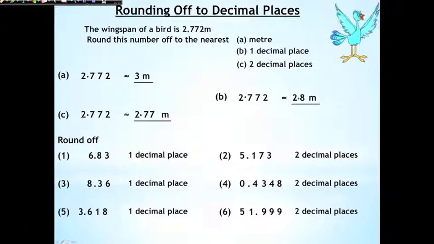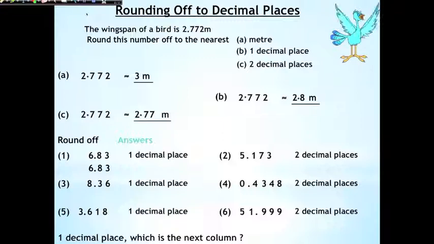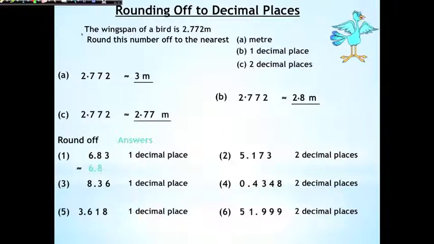Okay, so if we have a look at the answers, for the first one we've got 6.83. We want it rounded to 1 decimal place, so we look at the column after that, so that's where the 3 is. Because it's a 3, we're going to round the number down to 6.8. For the next one, I've got 5.173, and I'm going to round it to 2 decimal places.